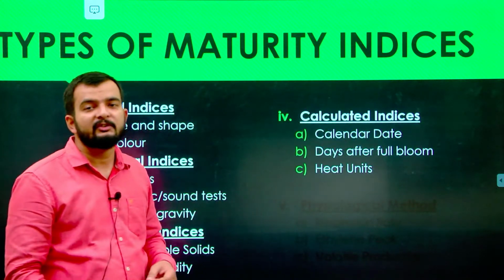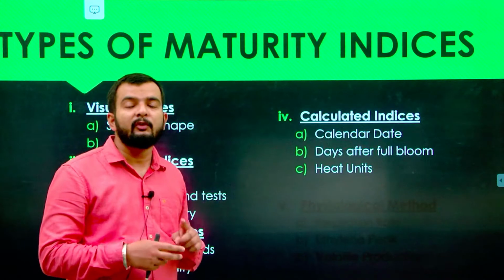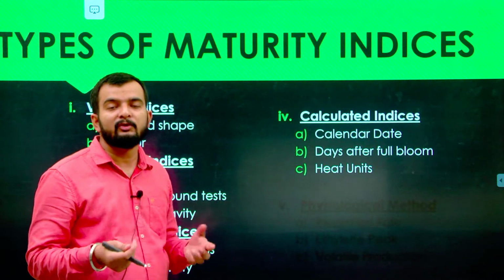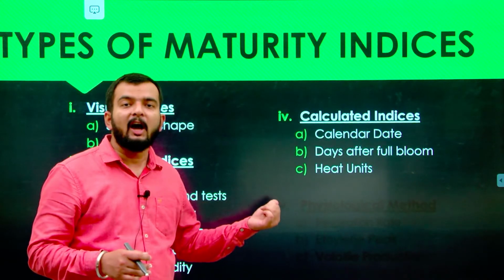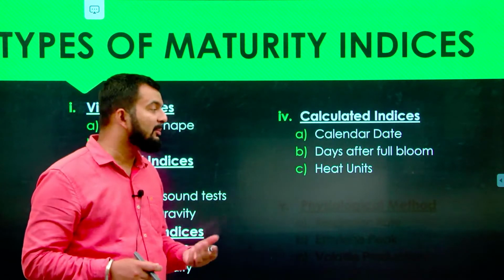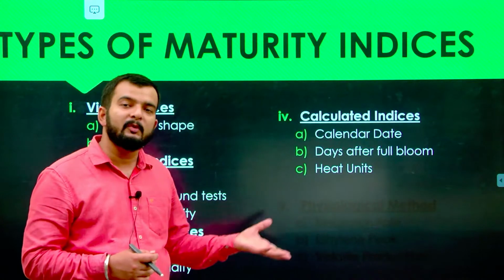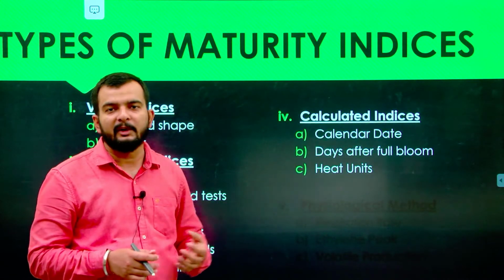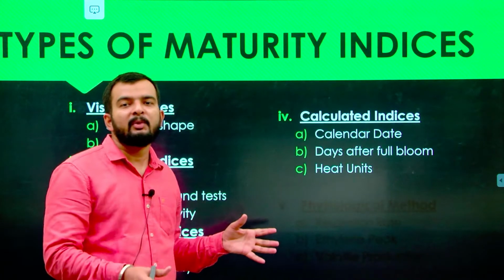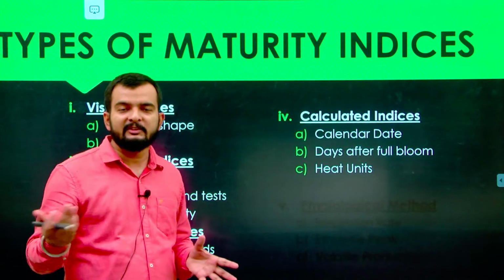Okay. Then heat units, that is, at what temperature and for how many hours the fruit was exposed to a particular temperature. Based on that also you can identify when to harvest the fruit. Suppose you consider mango, mango requires something around 232 heat units, that is, this much temperature for this much time or this many hours.